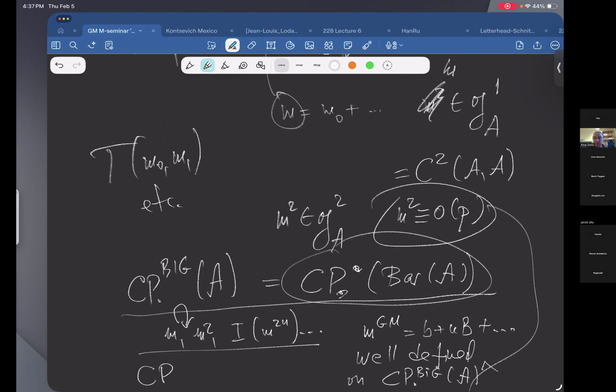So this is a well-defined kind of crystalline non-commutative cohomology. I see.